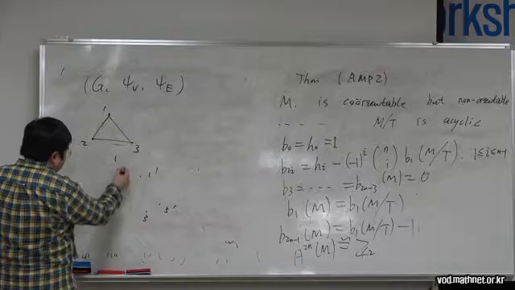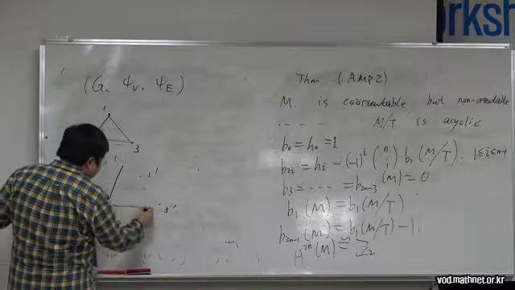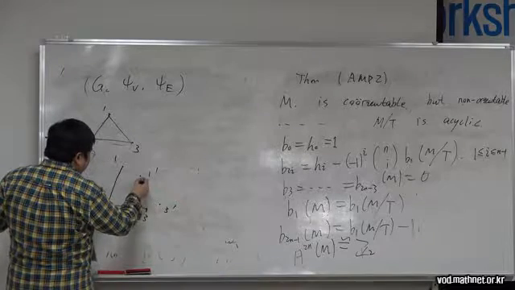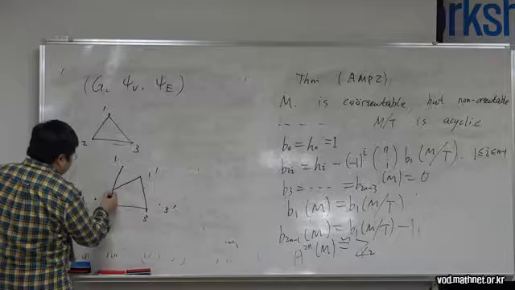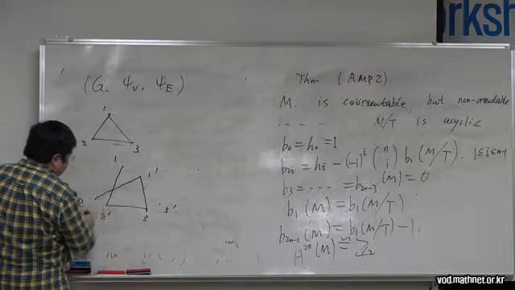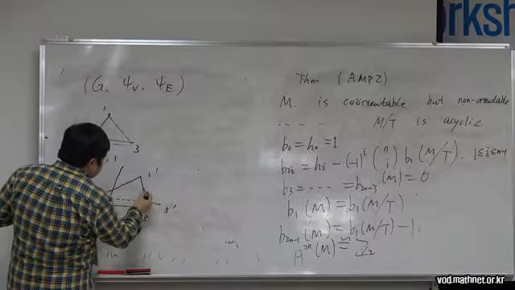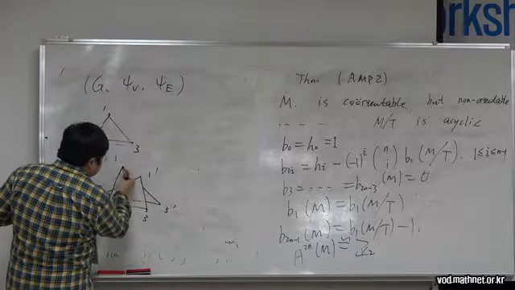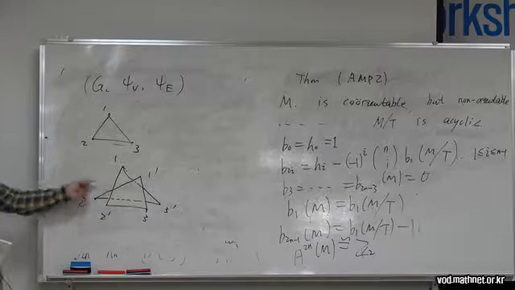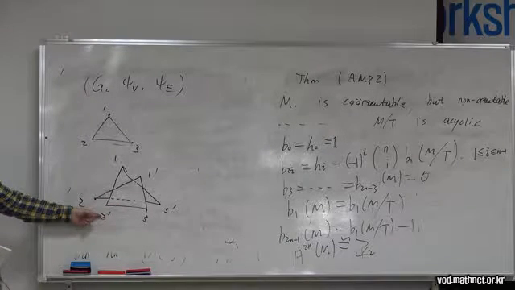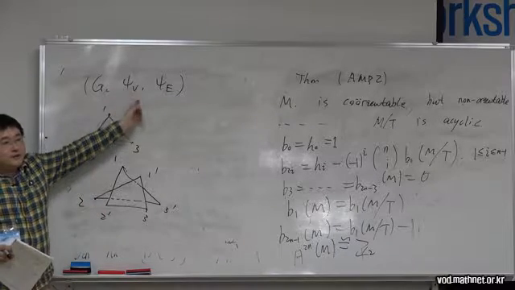That is, 1 connects to 2 prime, 2 prime goes to 3, 3 goes to 1 prime, and 1 prime goes to 2. This graph is two-colorable.